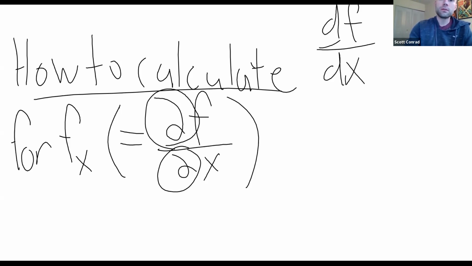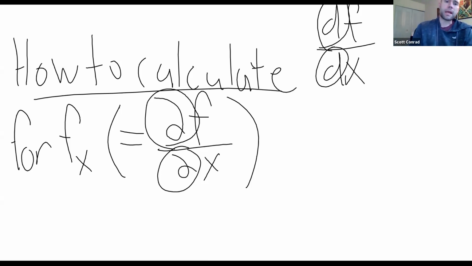We use the regular d when we're talking about normal derivatives for functions of one variable. But for partial derivatives, we use these curvy d's just to indicate that it's a partial derivative, because now we have two variables we can take derivatives of. It's just a notation thing. You're likely not going to get points taken off on an exam for mixing those up, but it's good to get in the habit of doing the fancy d's for the partial derivatives.